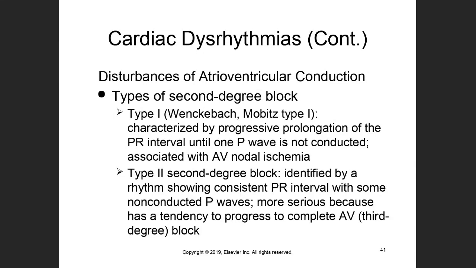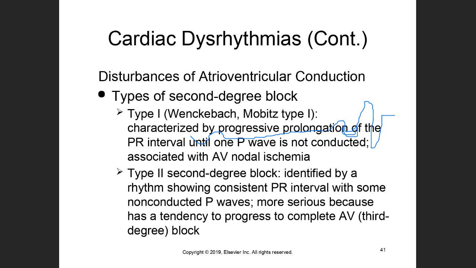In type 2, the PR is going to be elongating, and then you are going to have a P wave and no QRS. So you drop the QRS, and then you have a P wave again, QRS, and then you have to measure the PR interval. This is the PR interval right here.